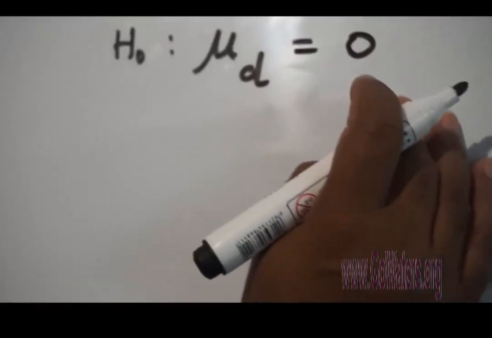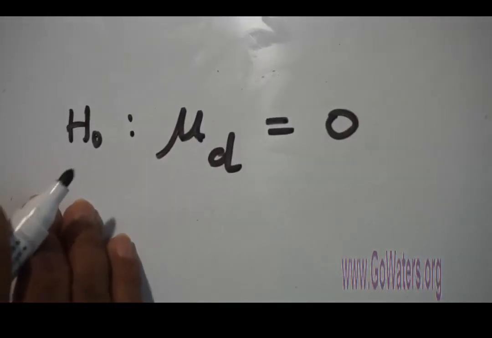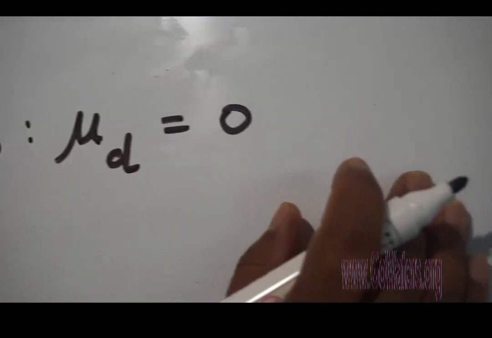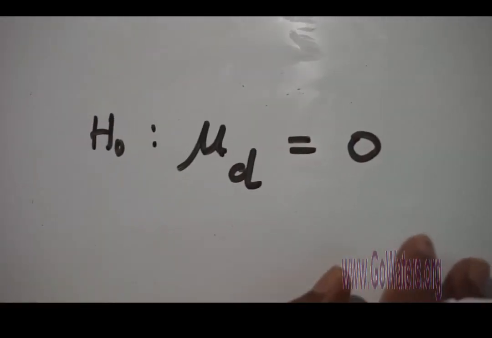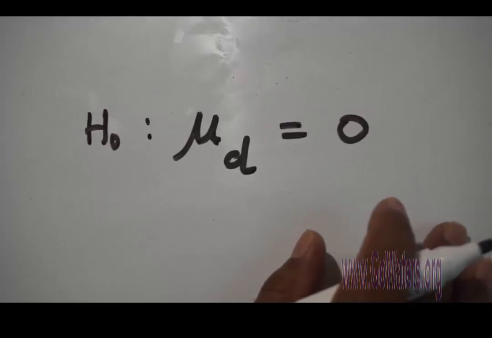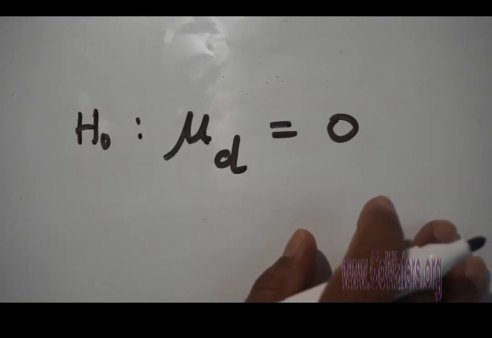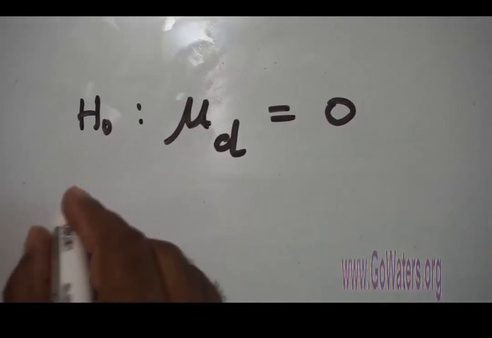What does it mean? The average weight in winter and the average weight in spring have no difference, equal to 0. That's what the problem says: test the hypothesis at 1% significance level that the change in weight between winter and spring is 0. That means there is no effect.